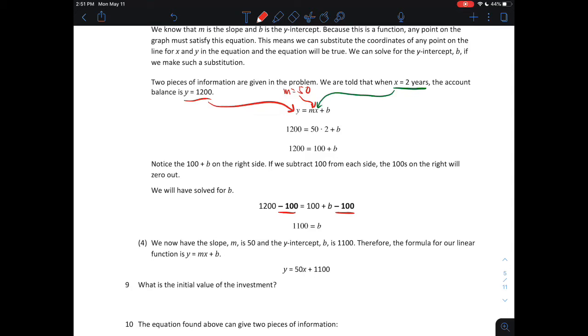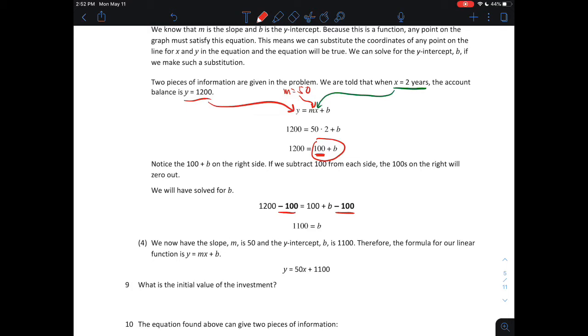Why 100? Because the 100 was on the right-hand side of the equation with the b. Why subtract? What was happening between the 100 and the b? It was addition. So what's the opposite of addition? Subtraction. So then on the left-hand side, 1200 minus 100 gives you 1100. On the right-hand side, 100 plus b minus 100, the 100s just cancel out, and you're left with b.